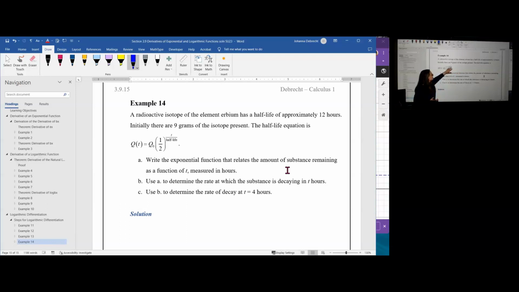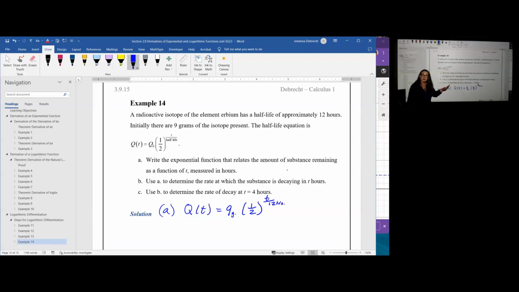So the first thing we'll do is rewrite the function using the information we're given. That is what you're asked to do in part A. So in part A, we rewrite our quantity function as the original amount, 9 grams, times the base 1/2 raised to the t divided by 12 hours power.